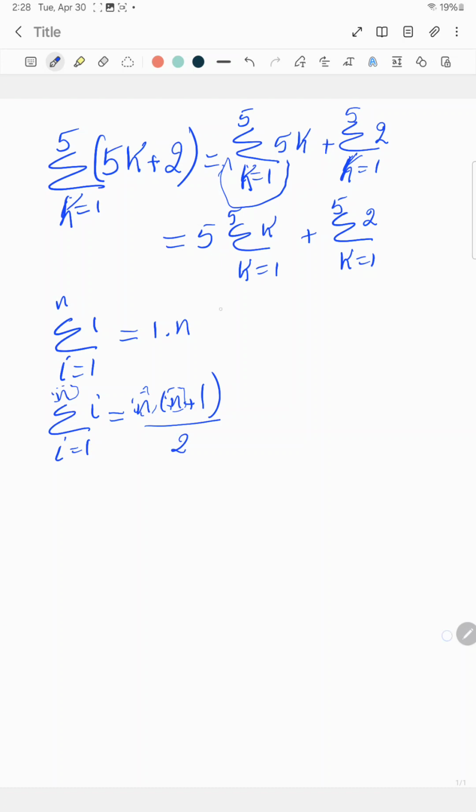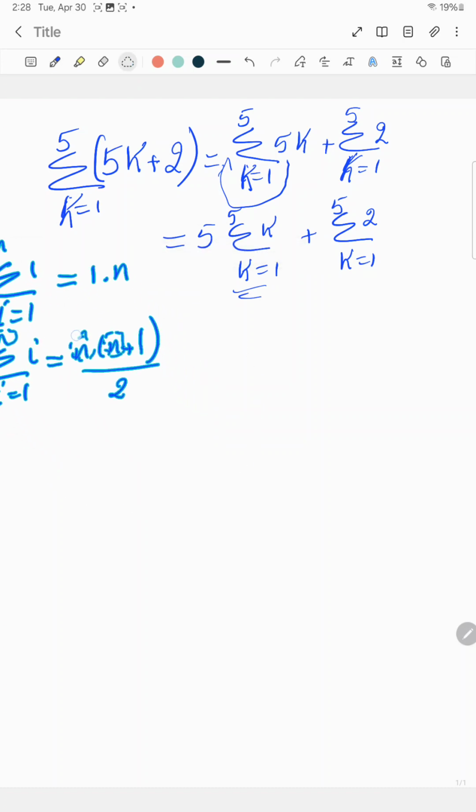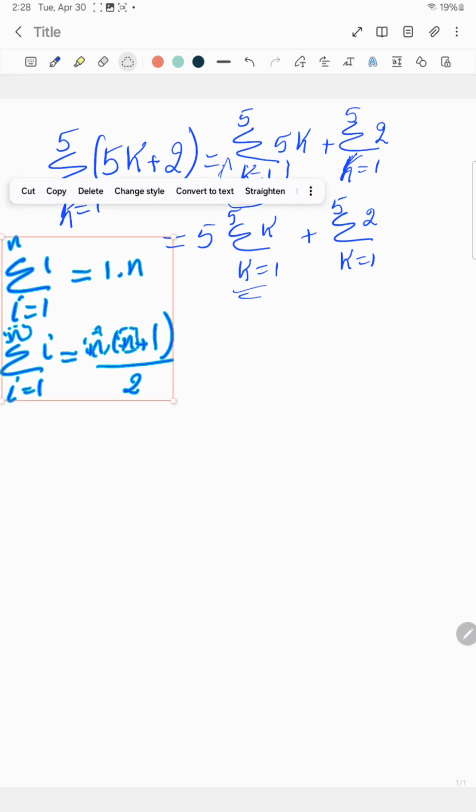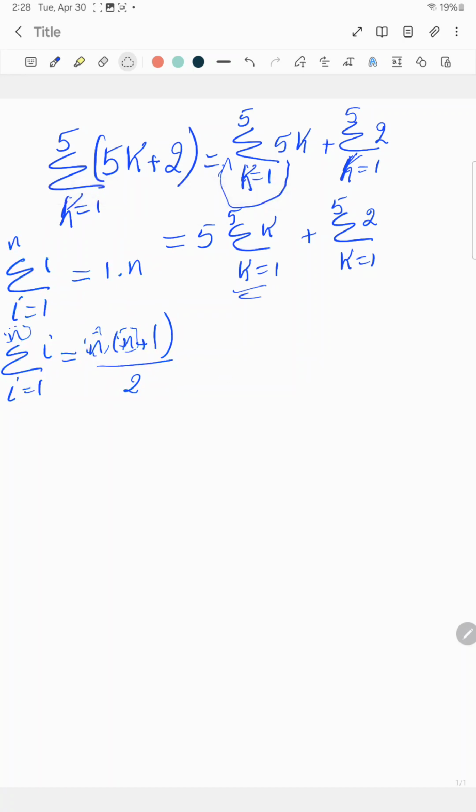So for the first one here, let me take out the formulas. Let's put them here. Those are the formulas. I will highlight them, so they are not part of the exercise. It's only the formulas.